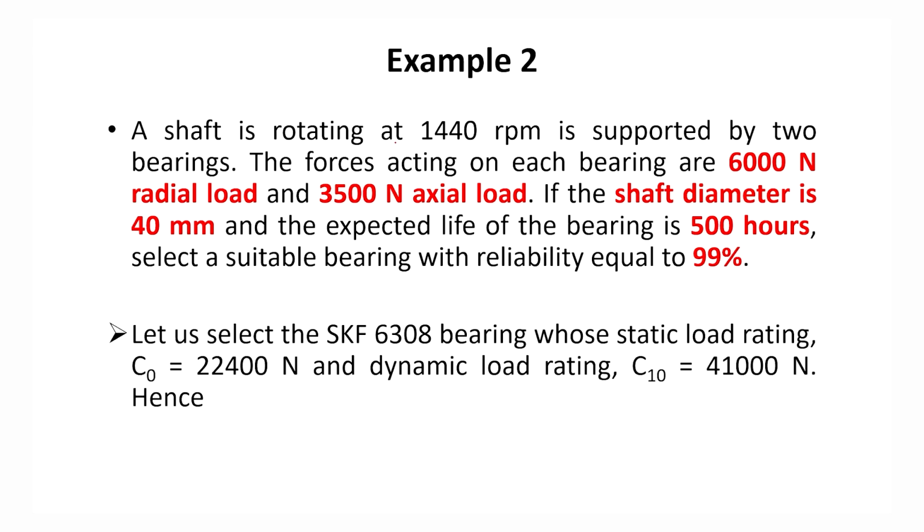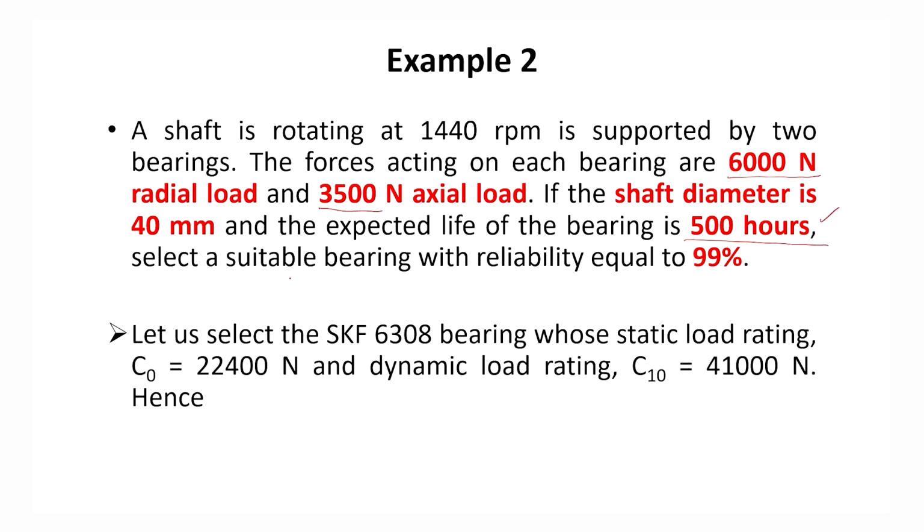Now example 2. A shaft rotating at 1440 RPM is supported by 2 bearings. The forces acting on each bearing are 6000 Newton radial and 3500 Newton axial. The shaft diameter is 40 mm, the same problem we are taking, and the expected life is 500 hours, similar.